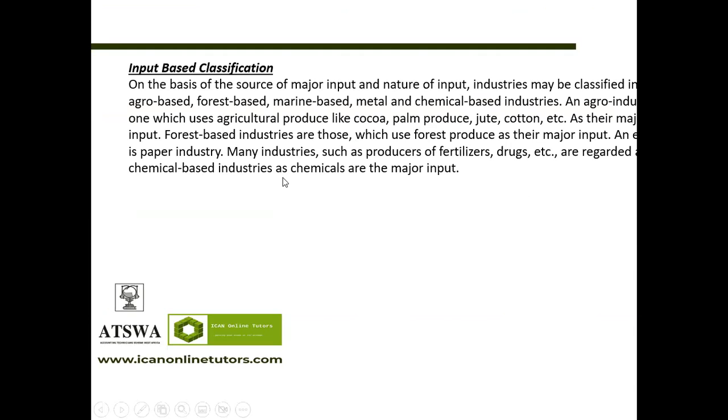On the basis of the source of major input and nature of their input, industry can be classified into agro, forest-based, marine, metal, and chemical industry. An agro industry is one which uses agricultural produce like cocoa, palm produce, jute, cotton, etc. as their major input.